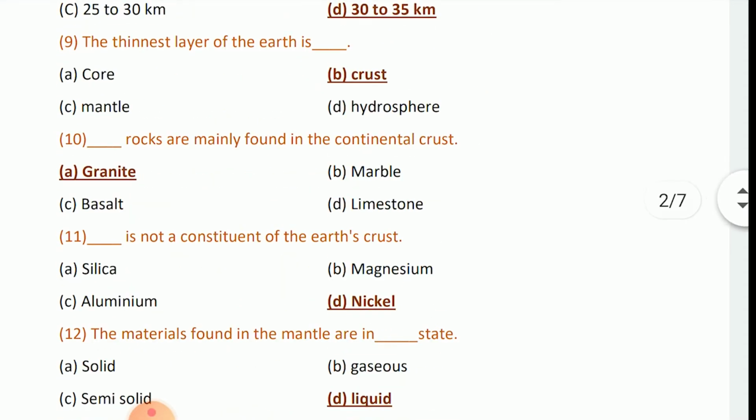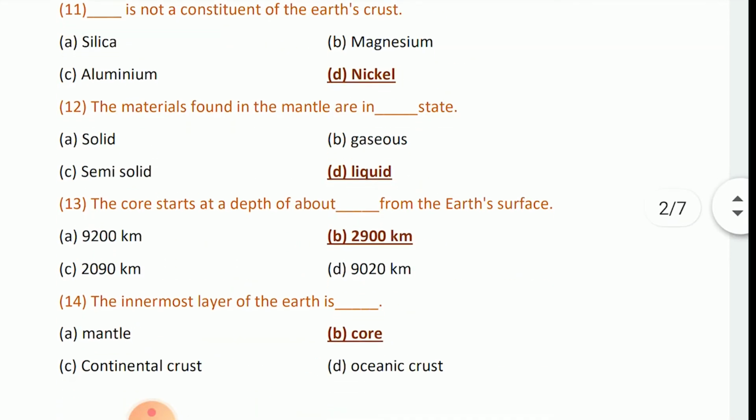The thinnest layer of the earth is the crust. Granite rocks are mainly found in the continental crust. Nickel is not a constituent of the earth's crust. Minerals found in the core are in liquid state.